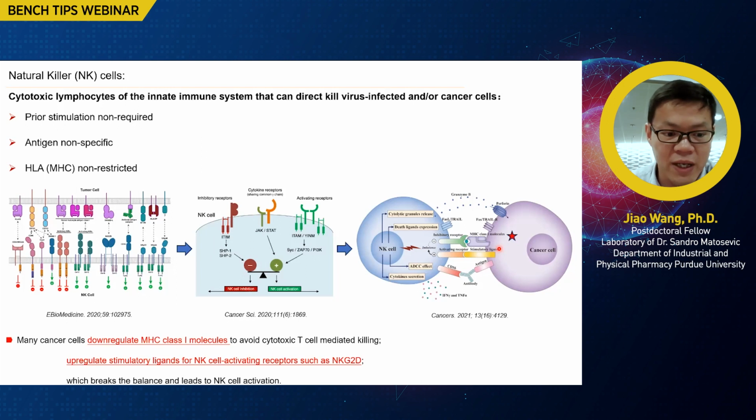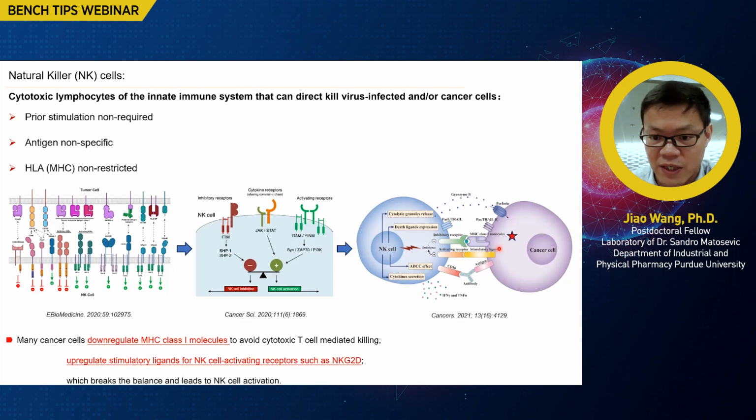For example, many cancer cells downregulate MHC-I molecules to avoid cytotoxic T cell mediated killing. In parallel, they upregulate stimulatory ligands for NK cell activation receptors, such as NKG2D. So this will break the balance and lead to NK cell activation.